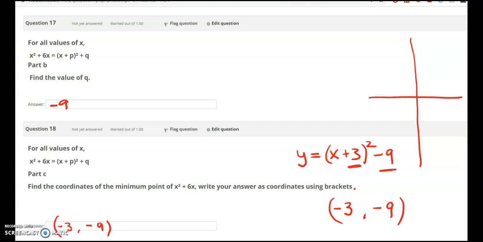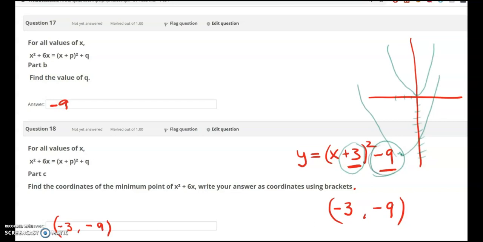A typical x squared function more or less looks like this, and what this is telling us is that x is moving 3 spaces to the left, so 1, 2, 3, and it's going down by 9 spaces: 1, 2, 3, 4, 5, 6, 7, 8, 9. So somewhere here would be the lowest point.